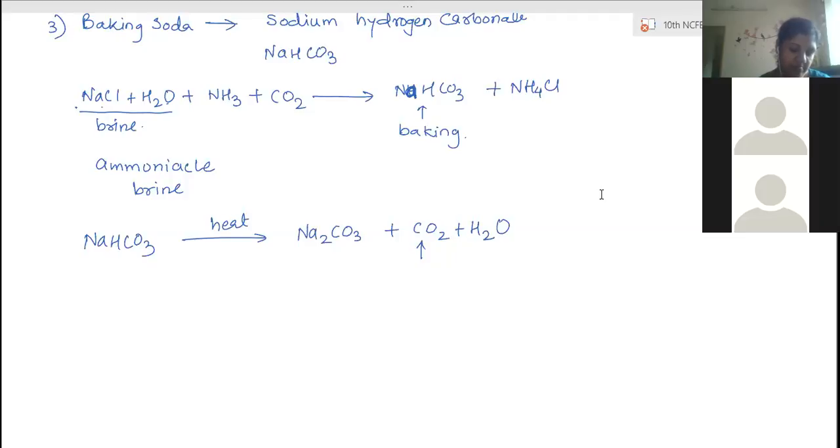Ma'am, baking powder is a mixture of baking soda with mild acid. Name of the acid? Tartaric acid. What is the function of tartaric acid?